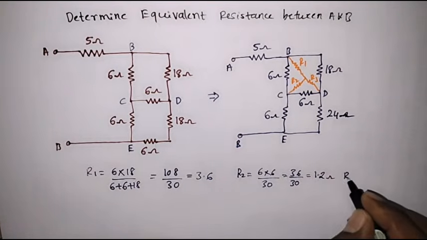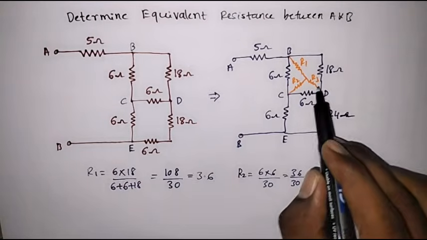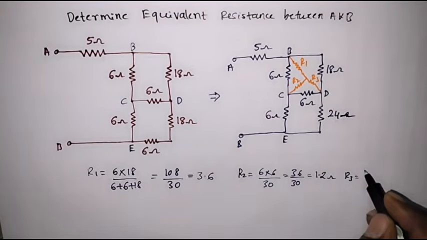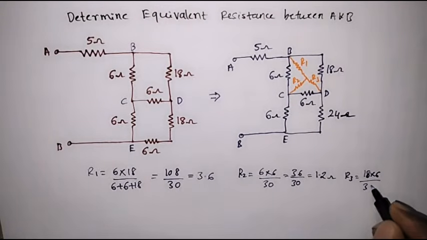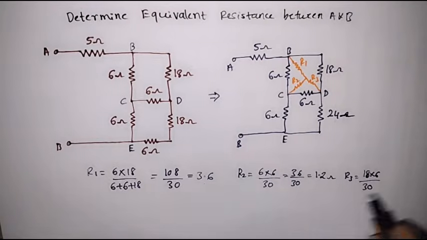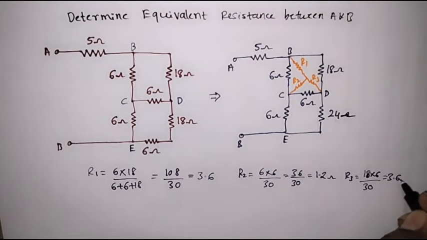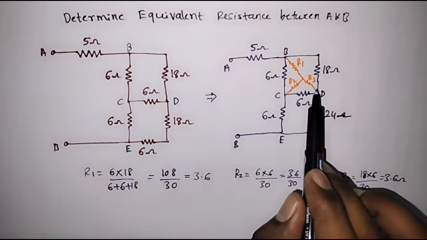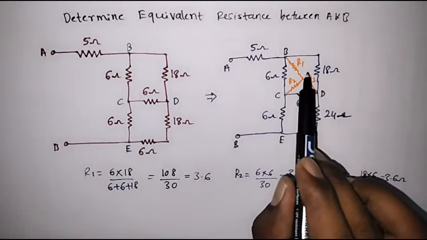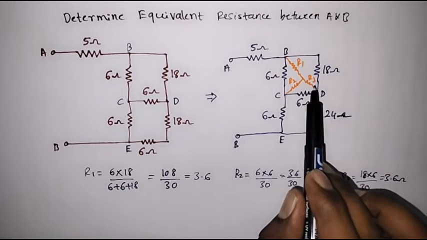Similarly, the value of R3 is the product of these two, that is 18 into 6 divided by 30, which is also equal to 3.6 ohm. So now I will replace the delta connected resistors with star connected resistors R1, R2 and R3.